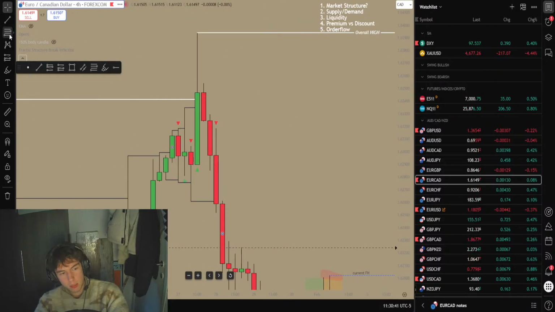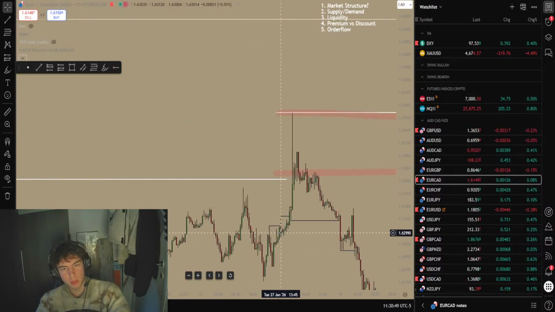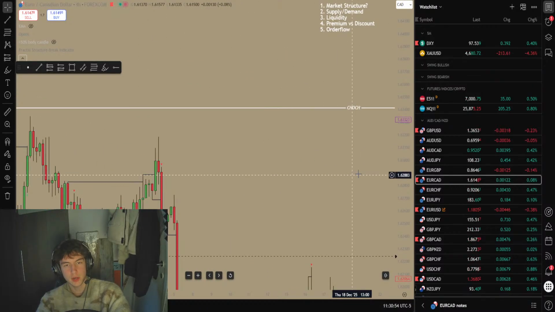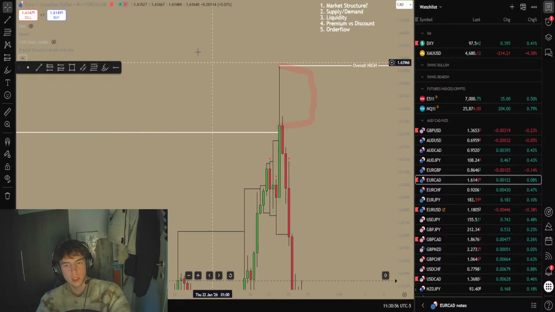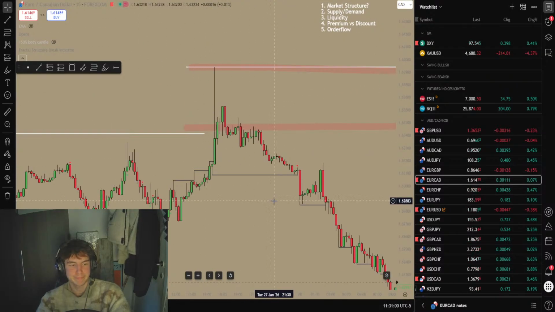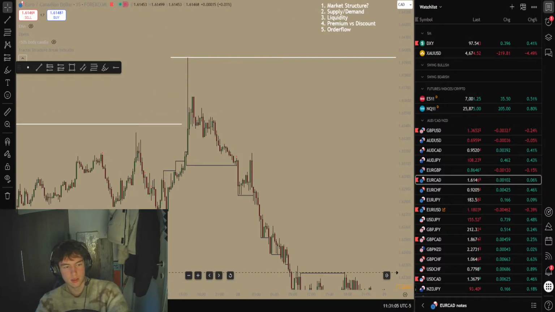It is gonna be most of the time, let's mark it out. Most of the time, if it's a correlating pair, you are going to see a change in the state of delivery. Now here, we can see on the 15-minute, this is not a change in state. But this is way big.